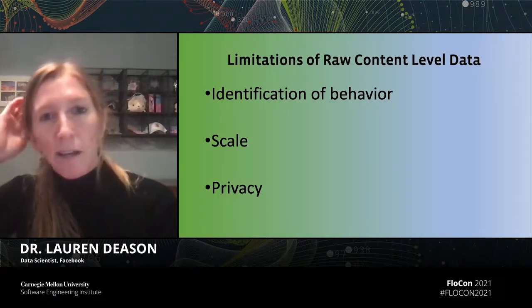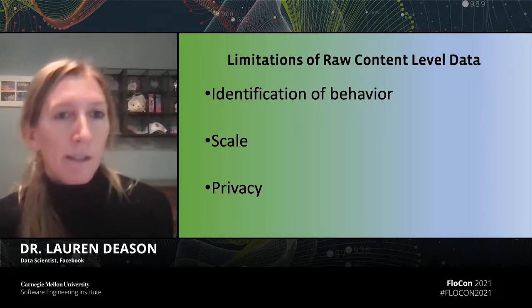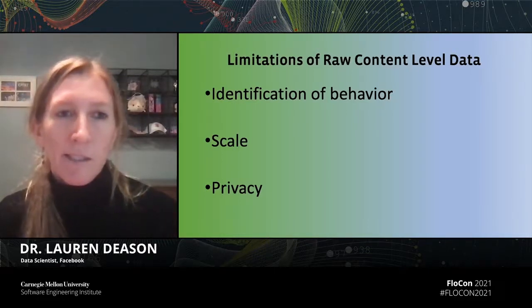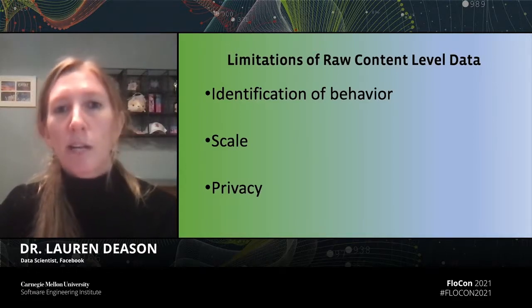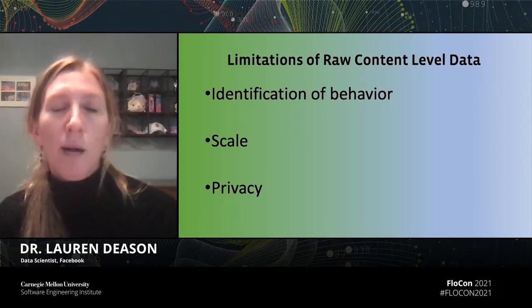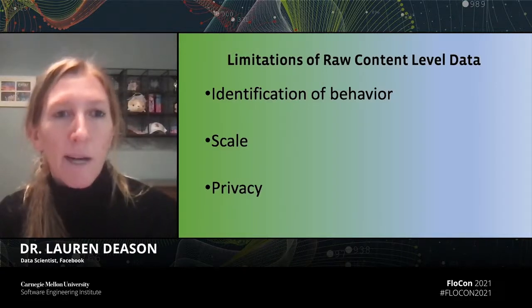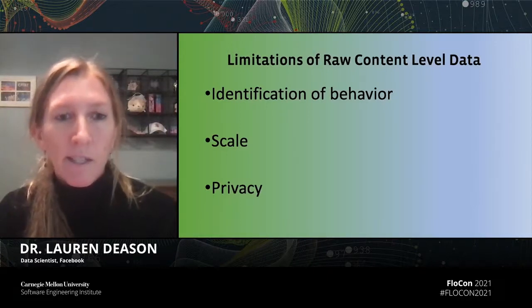In addition, as we know, they also have limitations in terms of scale, because these types of data take up a lot of storage space, as well as have a high computational cost if we're trying to run detection algorithms using them as input. And finally, they also have larger privacy concerns than other types of more aggregated data because of sensitive data that might be contained therein.